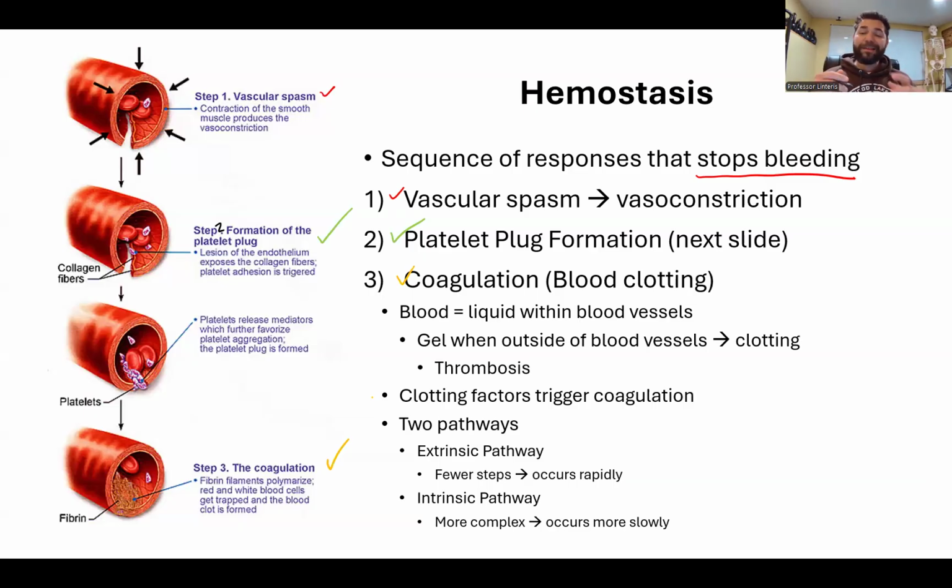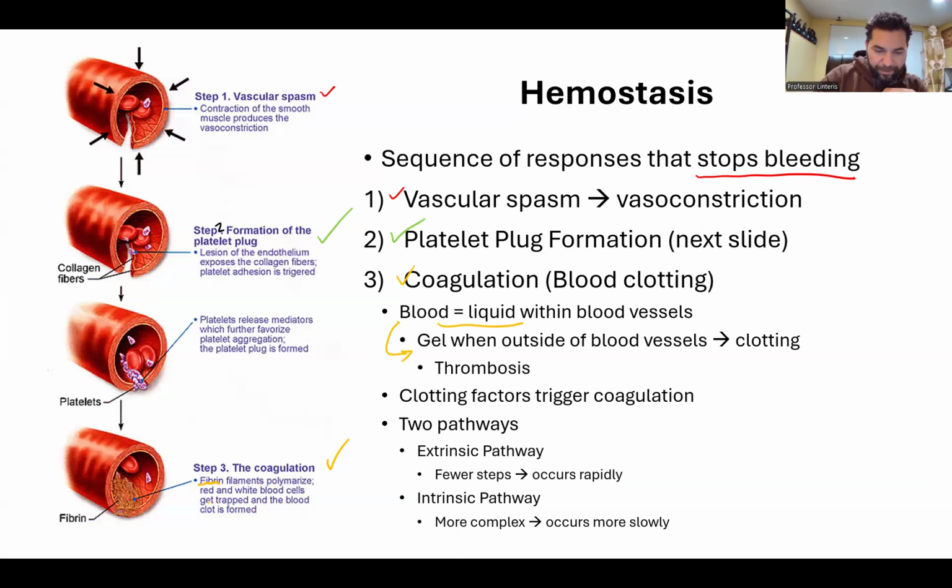So we're turning this liquid blood into a gel, and that gel forms the blood clot, right? So we'll mention what fibrin is and stuff like that. And basically you have this mesh forming to seal up that hole via cascade, and cells start to stick to it and stuff like that. And that is the blood clot, right?